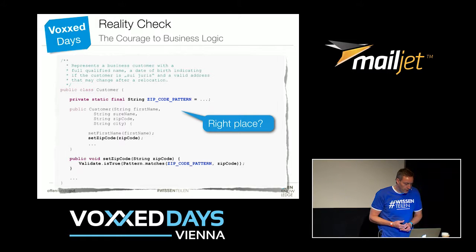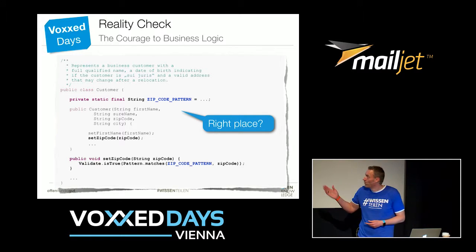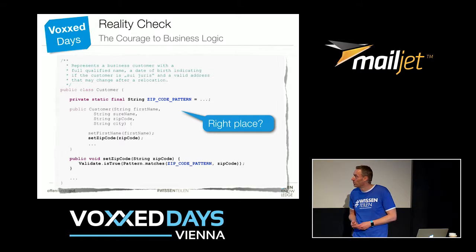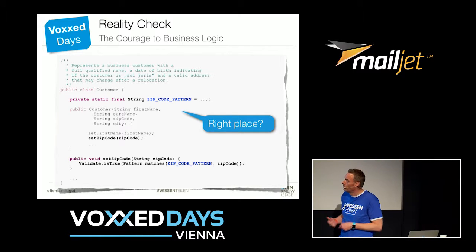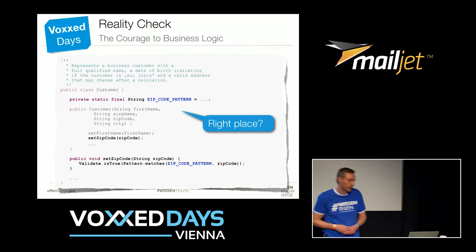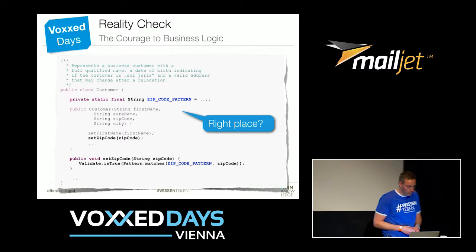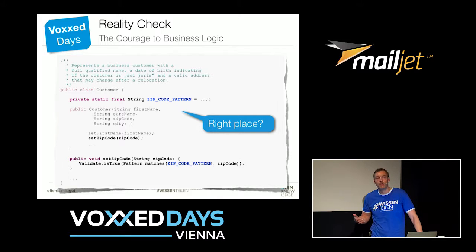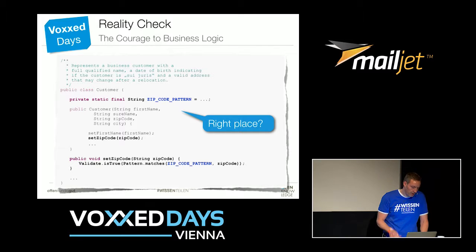When it comes to validation, for example, at this point we have a zip code pattern that we want to validate. So we want to assure that the zip code is correct. And what we often find is that we place the pattern inside the class where we need the validation, for example, this time in the customer.